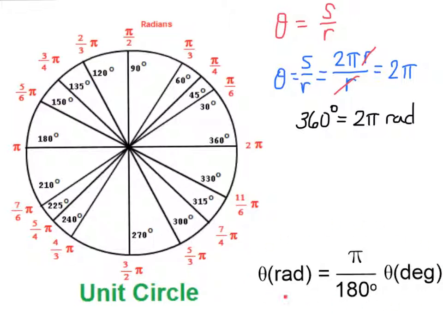We can simplify that by this equation right here. Theta in radians is equal to pi divided by 180 degrees times theta in degrees. So by plugging radians in here, we could convert radians into degrees, or we could plug in our angle in degrees here and convert into radians.